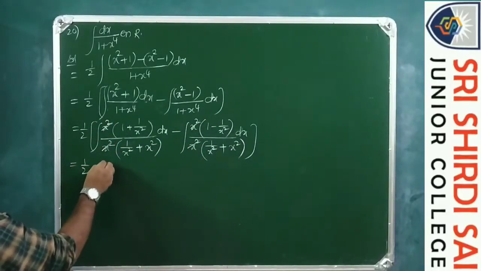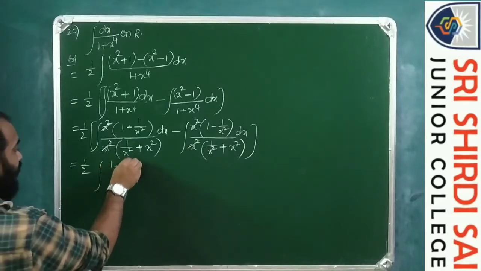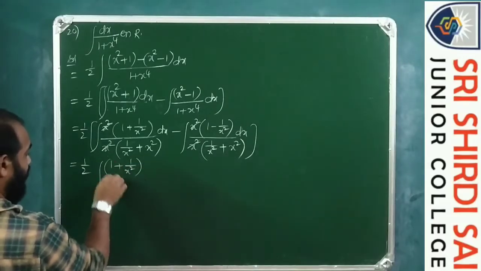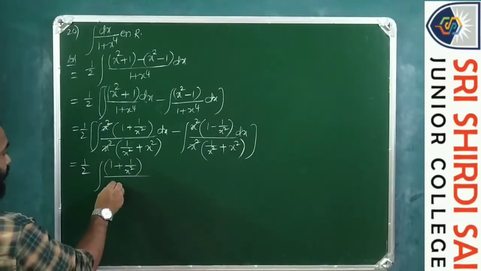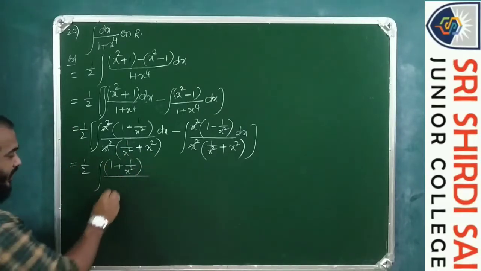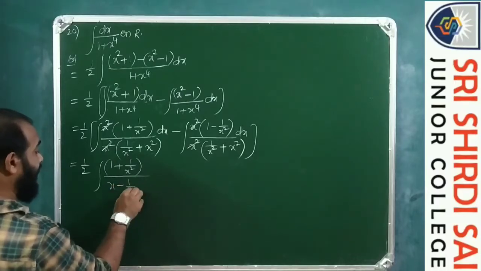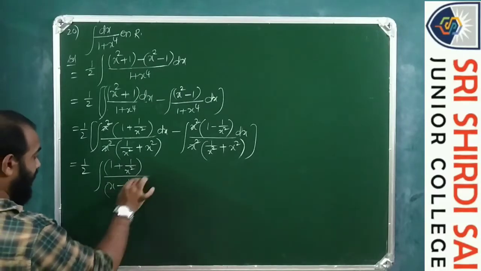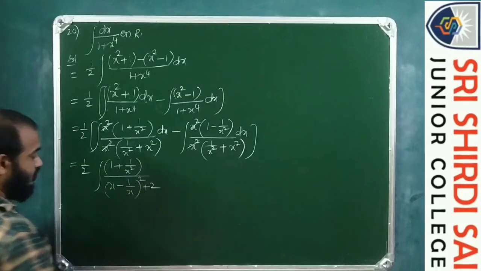1 by 2 integral 1 plus 1 by x square by x square plus 1 by x square can be written as x minus 1 by x whole square plus 2.